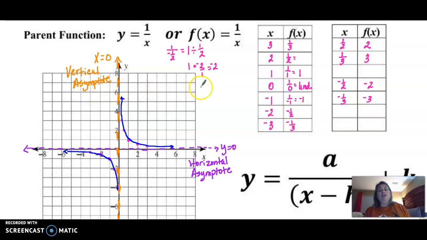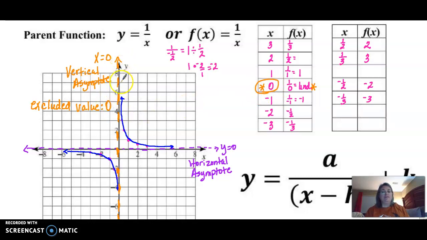If you do any of the work on IXL, if that's how you choose to do your work, they'll also talk about an excluded value. The excluded value they're talking about is which of those x values does not work. Well, remember on our table, we talked about this value of 0 giving us an undefined value. That 0 is our excluded value.